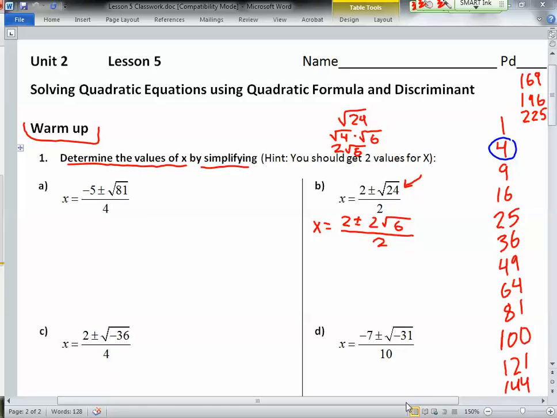Okay, so I have up here, really I have 2 fractions. If I could split this, I need to do this 2 divided by 2. So I could say that this whole thing's equal to 2 over 2 plus or minus 2 times the square root of 6 over 2.